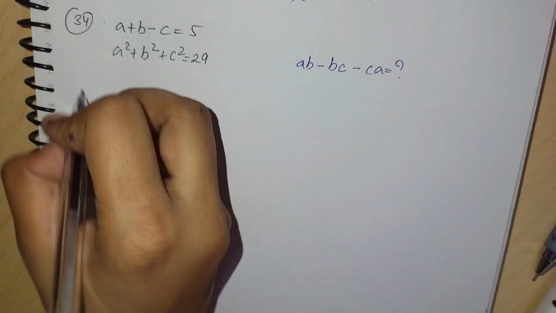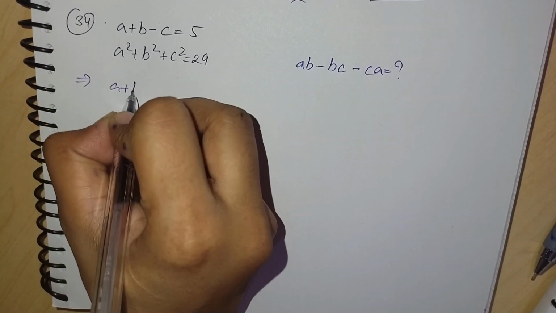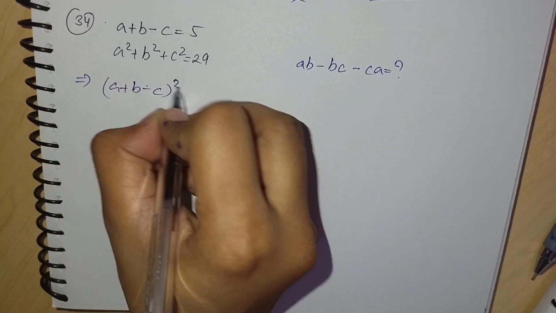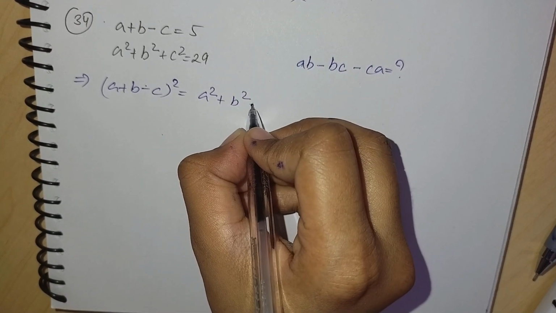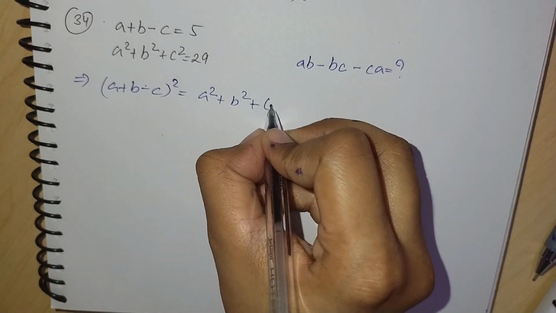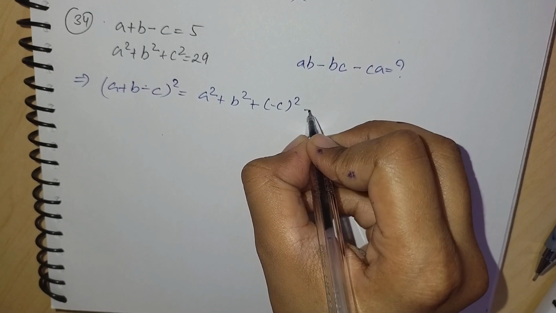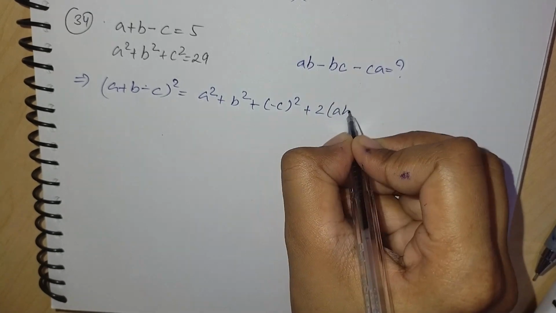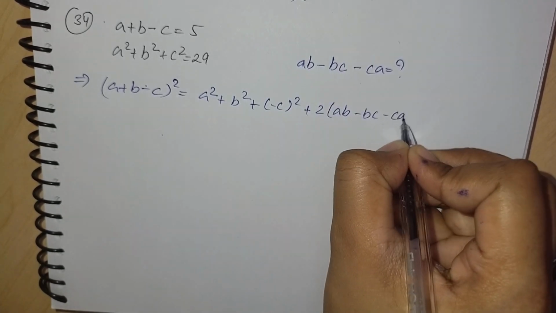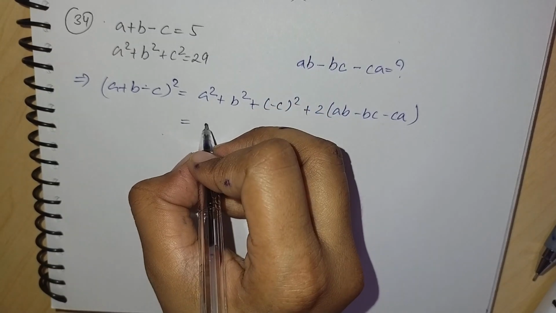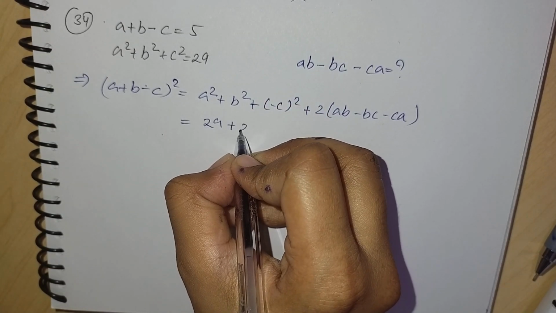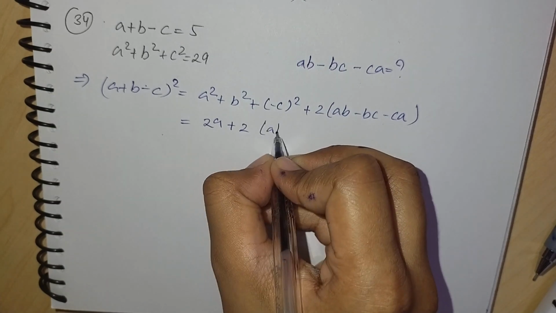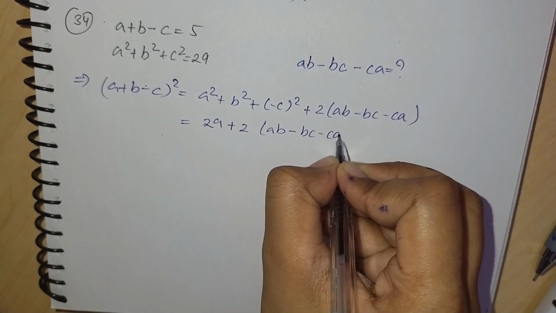So we will use the formula (a plus b minus c) whole square equal to a square plus b square plus c square plus 2 times (ab minus bc minus ca), that is 29 plus 2 times (ab minus bc minus ca).